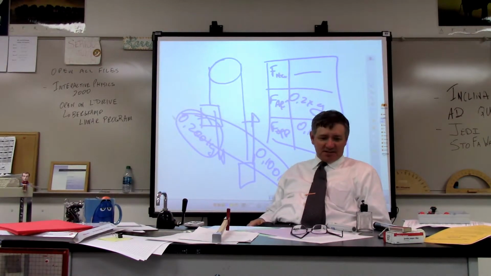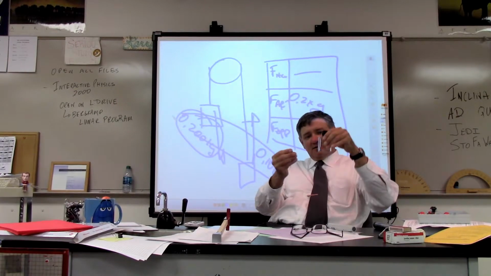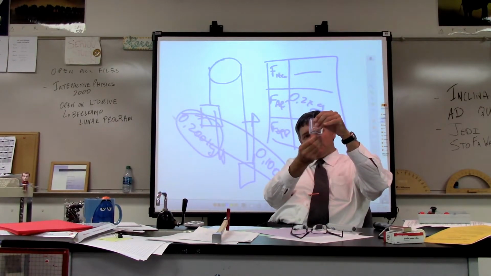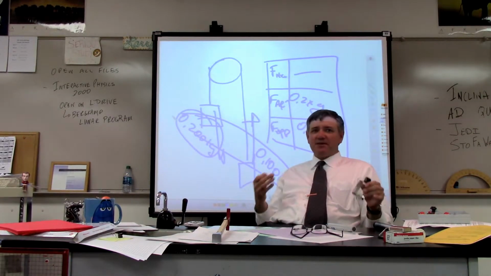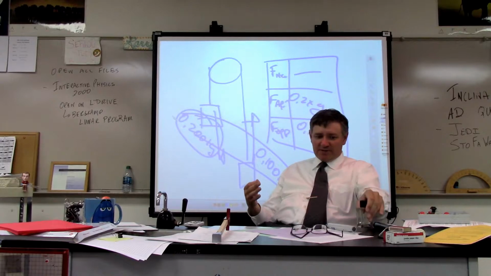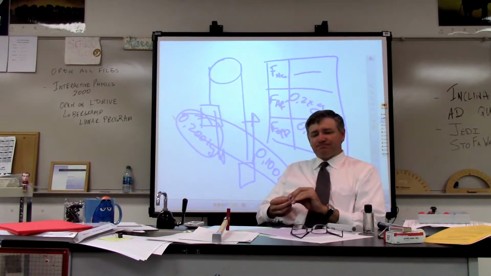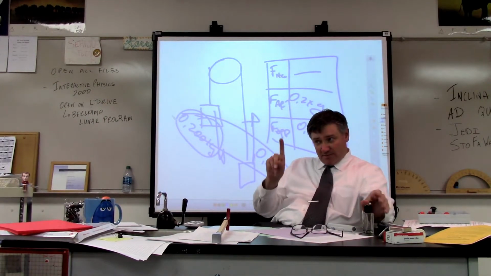It decreases. The same thing is true of this magnet. If the magnet's close, it's very, very strong. As the magnet gets further away, the force becomes weaker. And the same thing is true of gravitational fields. That's one of them.